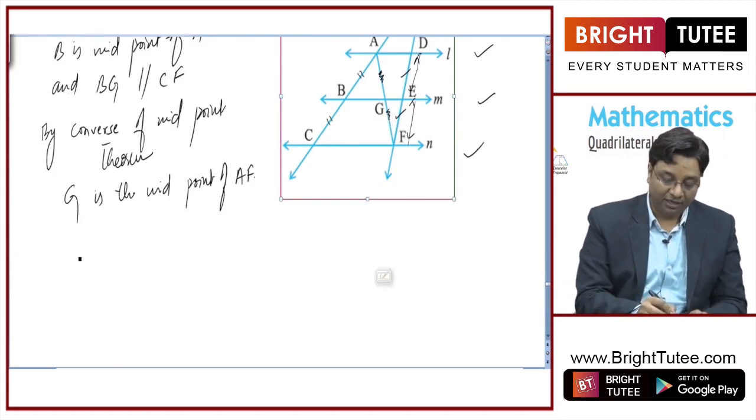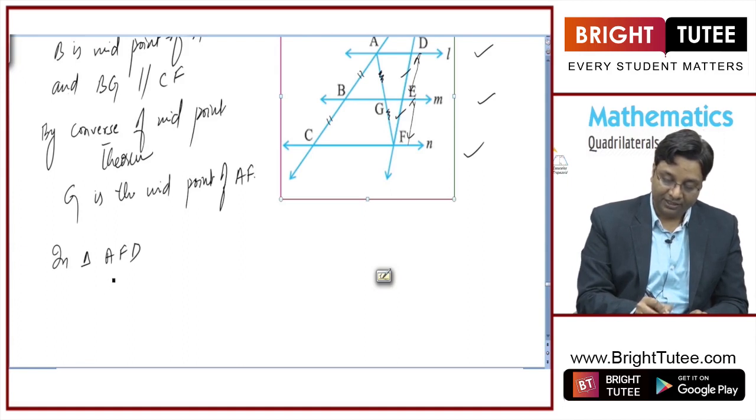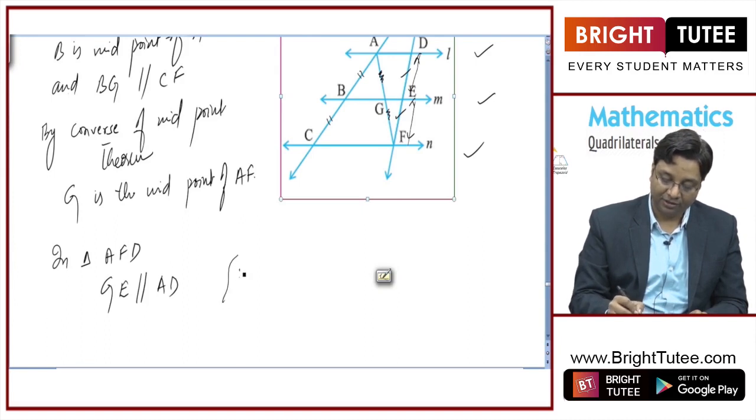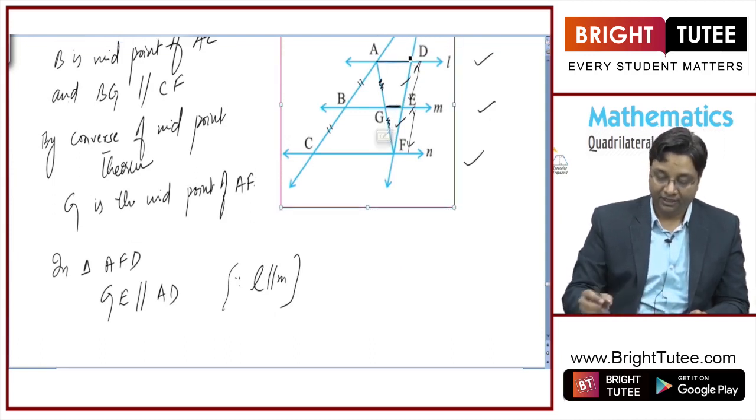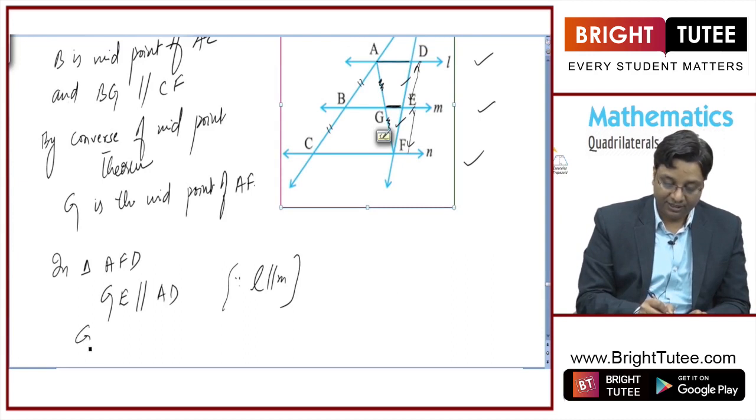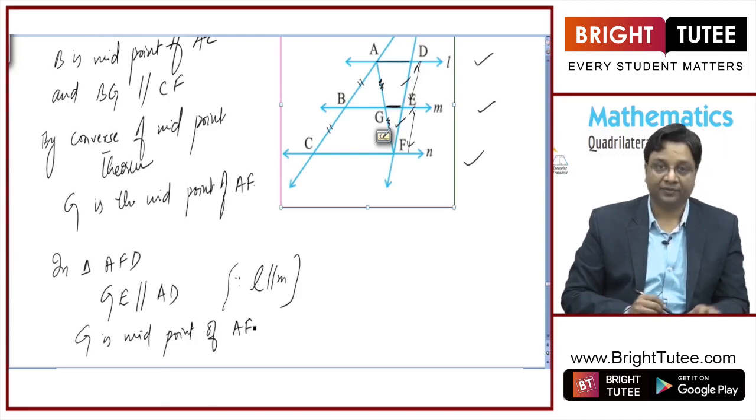Now once you have shown that G is midpoint of AF, you notice that in triangle AFD, GE is parallel to AD. Why? Because L is parallel to M. This is what we know already, right? So GE will be parallel to AD. Another thing we know is that G is midpoint of AF, right?